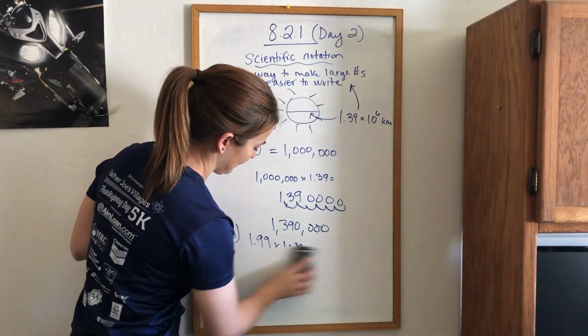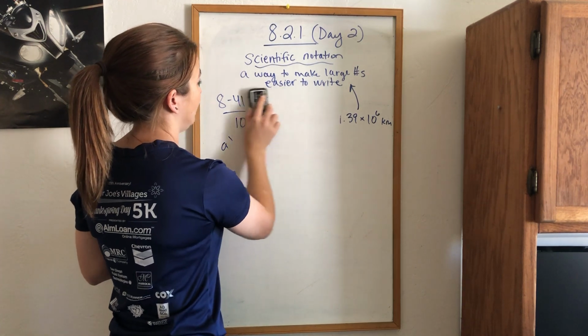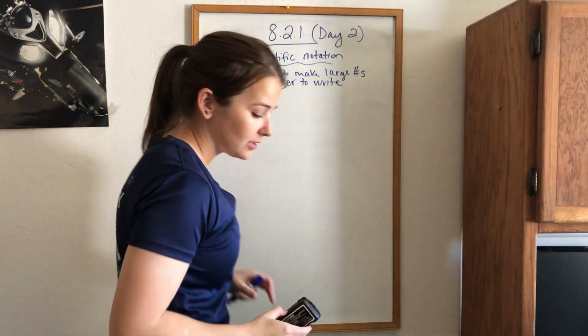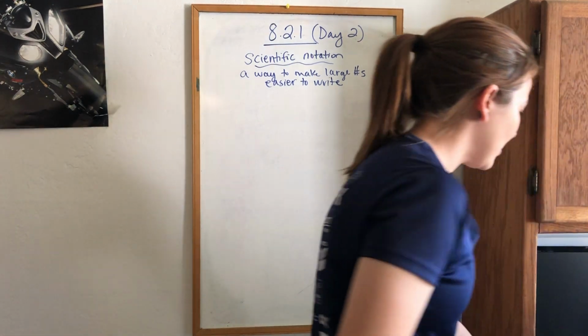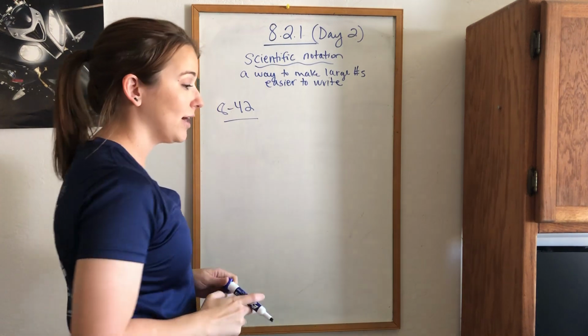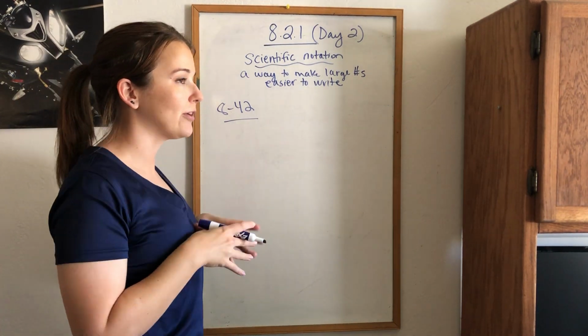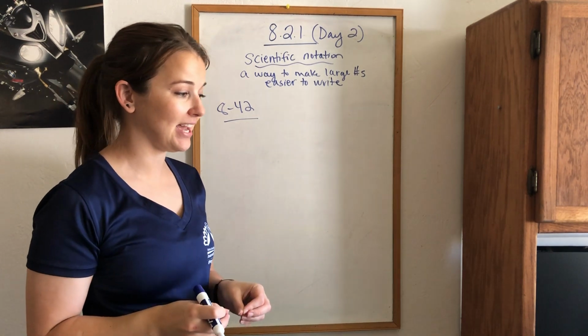Okay. So that was the first problem. 8-42 says, scientific notation requires that one factor is a power of 10 and the other factor is a number greater than or equal to 1 but less than 10.